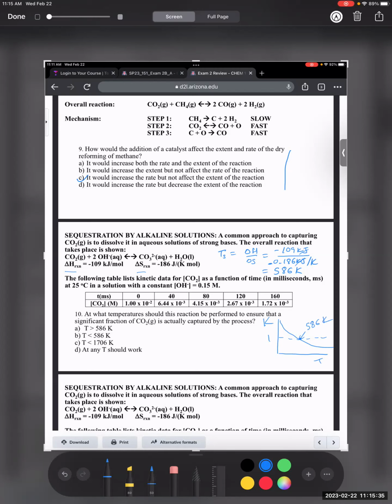And if you want me to remind you about the delta G versus temperature as well, here's delta G, here's 0. Delta G is negative at low temperatures, and at high temperatures it becomes positive. So to be product favored, delta G must be negative. Anyway, this is 586. So we need to be below 586 to be product favored. So that should be option B.